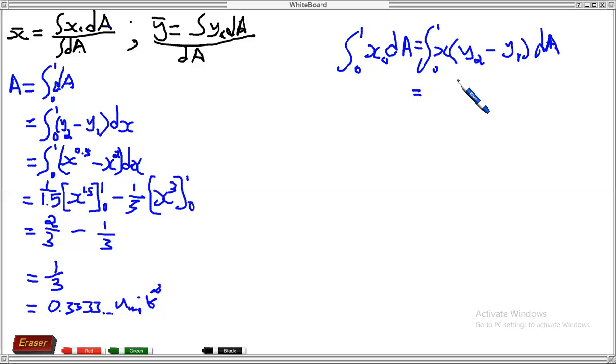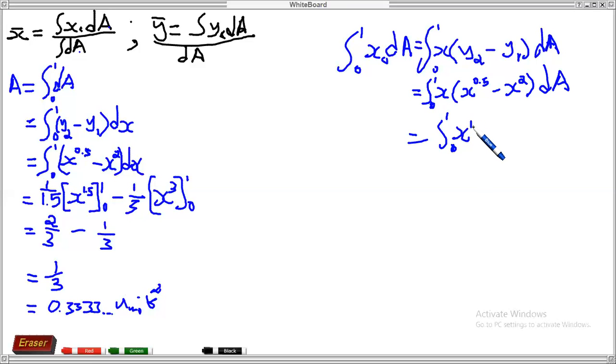So again, it will be the same thing, except now it will look the same as this, except there's x outside. So you have 0 here, you have 1 here. So x, then 5 minus x to the power 2 dA. Then just put that x inside, so you avoid problems with integration.